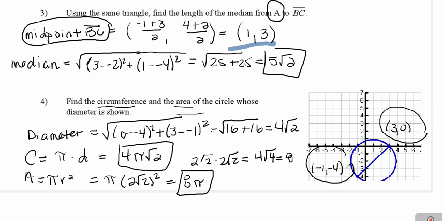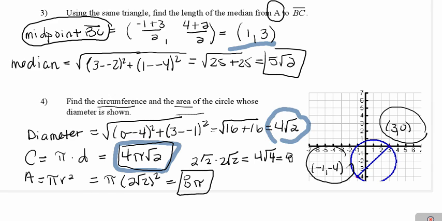I found that the distance, when I simplified it, was the square root of 32, and that simplifies to 4 square root 2. So that's the diameter of the circle. So then to find the circumference, we can use the formula pi times the diameter, and you're just going to multiply 4 square root 2 times pi, and you can leave your answer like this, as 4 pi square root 2, as the circumference of that circle.